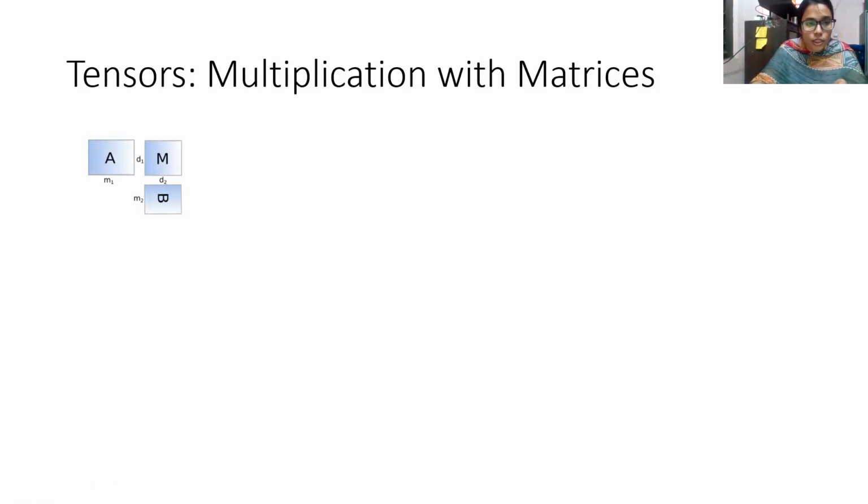Here, as you can see, there is a matrix M, and there are two other matrices, A and B, and M can be multiplied in both directions, in the A direction and in the B direction. So matrix A, matrix M, and matrix B transpose all together can be multiplied.